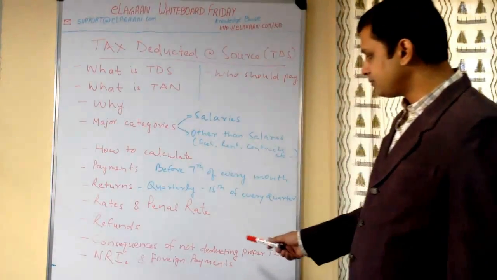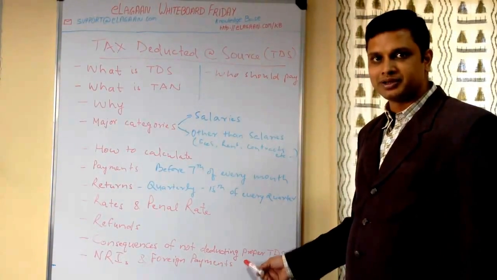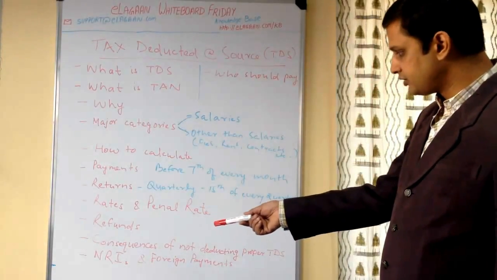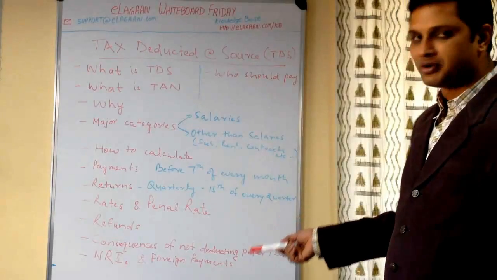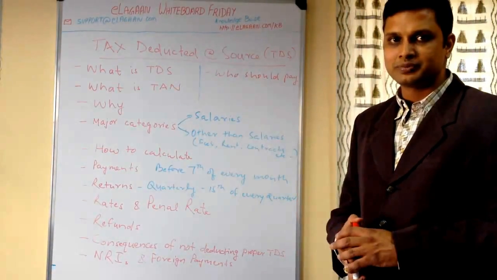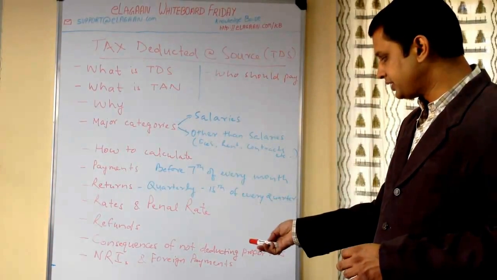So it is very, very important to deduct proper TDS before making any kind of payment, otherwise those expenses will get disallowed. It is also equally important if you are making a payment to NRIs or any foreigner, if you have cross-border transactions. There are again specified rates defined, so you should deduct proper TDS.